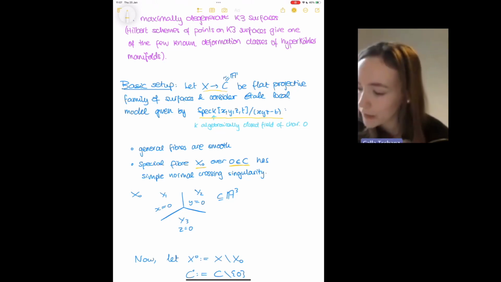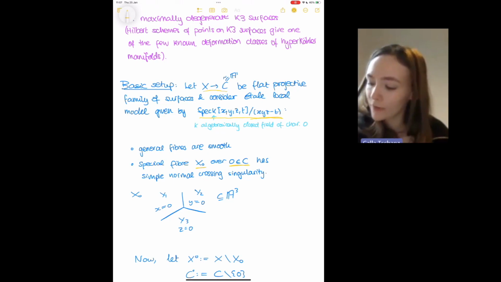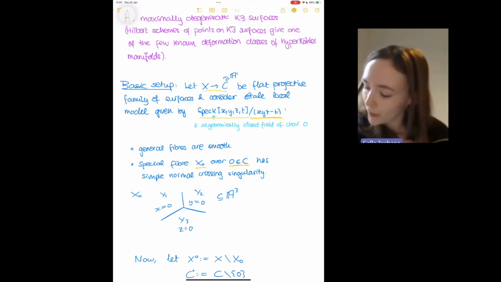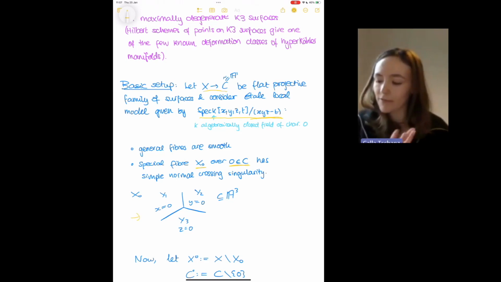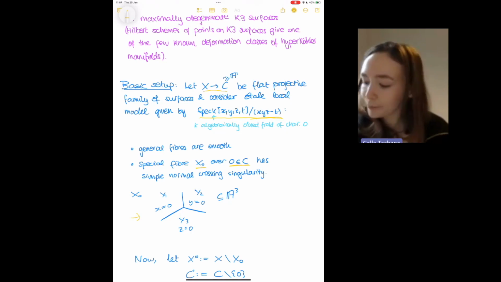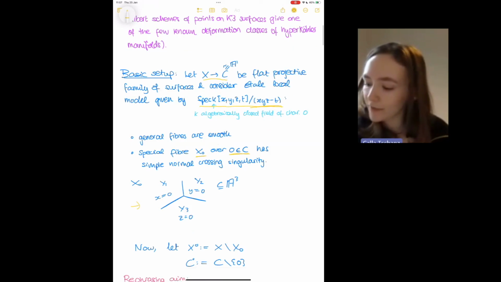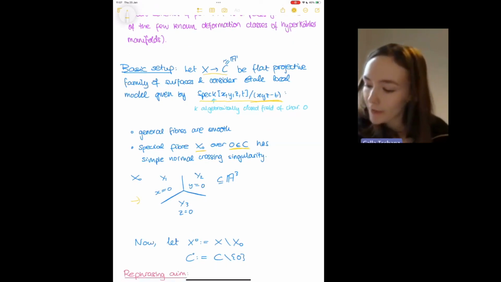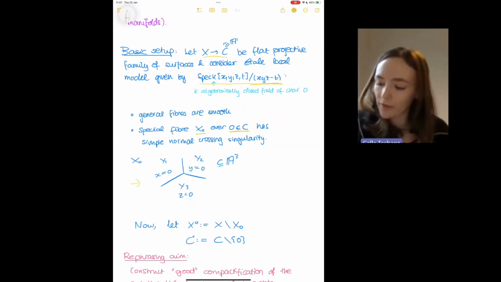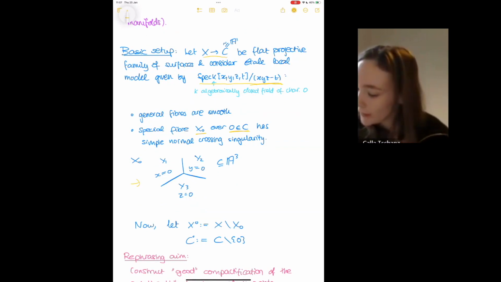In this étale local model, when t is 0, we have just xyz equals 0. So we can picture this as 3 planes intersecting transversely in A3, basically like a corner, given by x equals 0, y equals 0, z equals 0. This is the basic object that we're working with: a little family of surfaces and then this singular fiber that looks like these 3 planes.